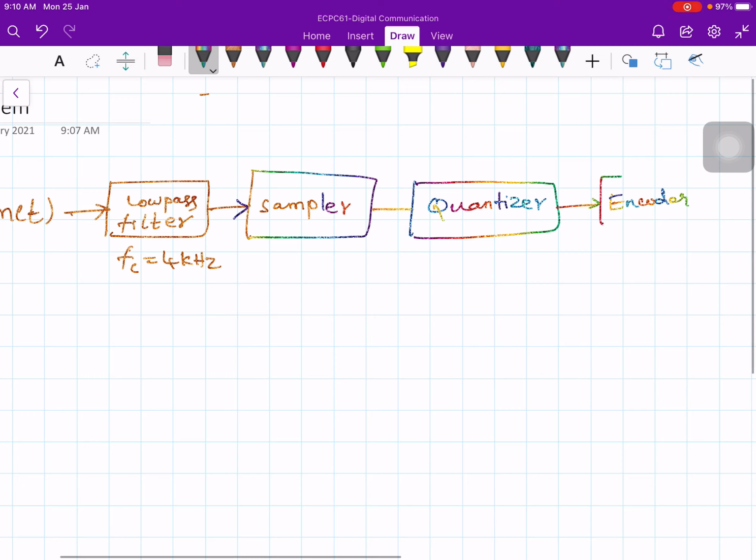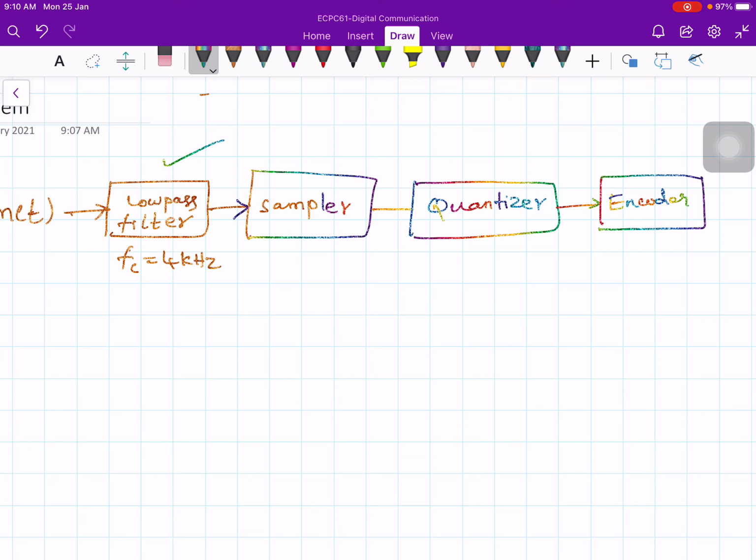When we were discussing the pulse code modulation system, I did not put this low pass filter then, but anyway, make sure that this low pass filter must be there, to make sure that there is no aliasing distortion. You must make sure that your sampling rate and the low pass bandwidth are properly matched, otherwise a high frequency component will pose as a low frequency component.